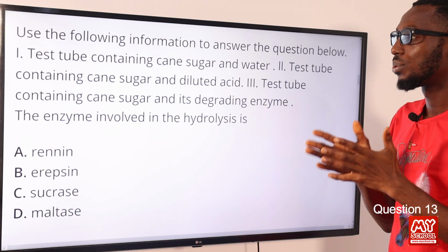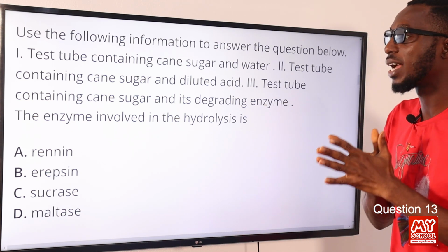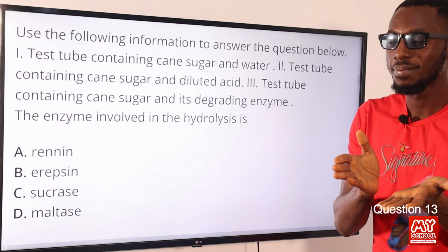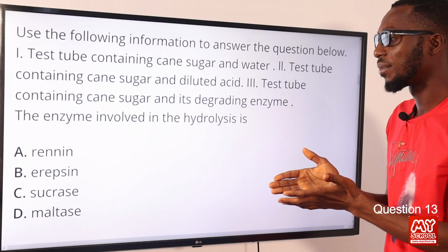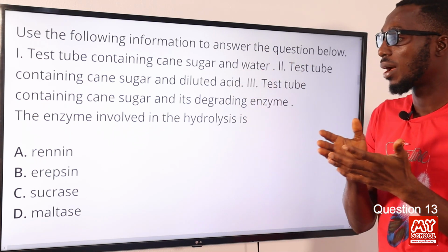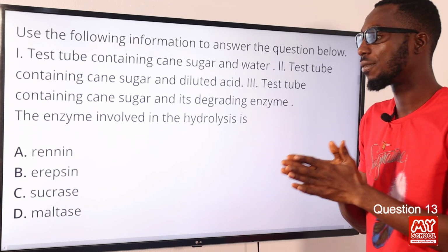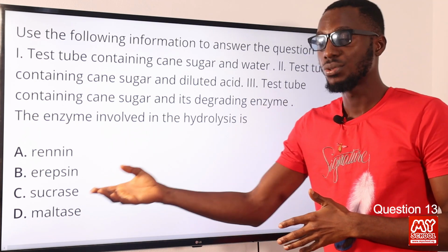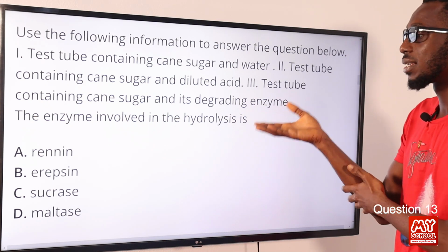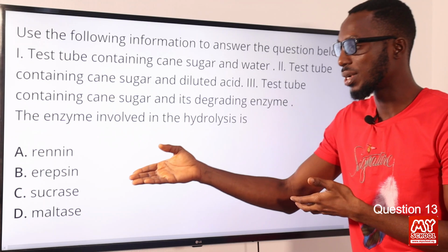At first, you are looking at a complex sugar. And I told you cane sugar is a good source for sucrose. So the enzyme that can break sucrose into glucose and fructose is referred to as sucrase. So the enzyme that can get involved in this hydrolysis, aside from dilute acid, is sucrase.